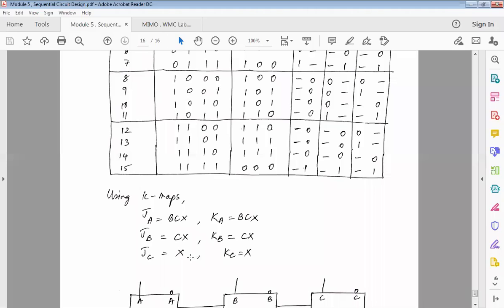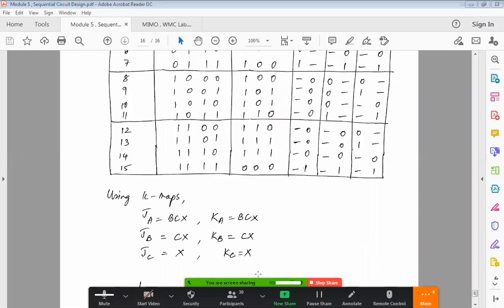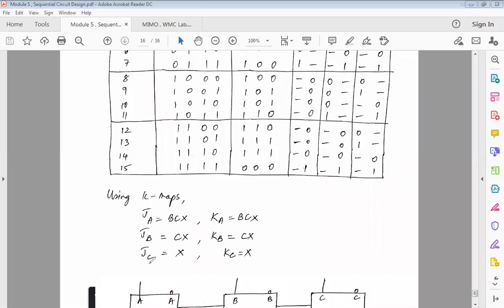So you have got all the equations. So you can see here that we would finally get these equations: JA, KA, JB, KB, JC, and KC. These are going to be your final equations.